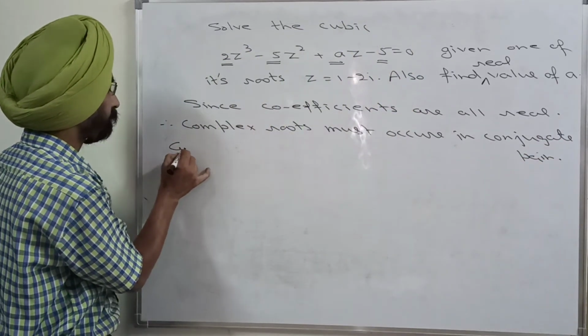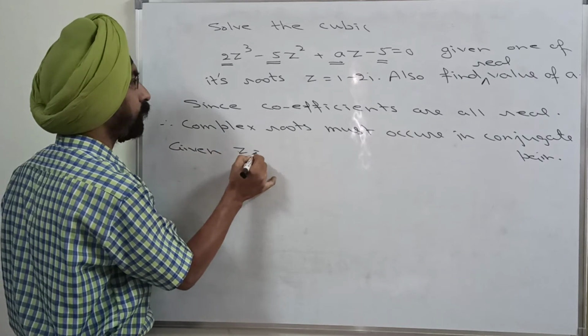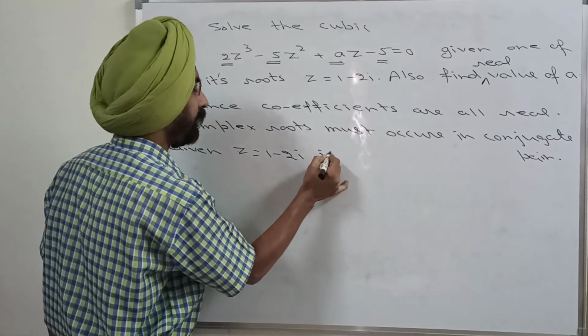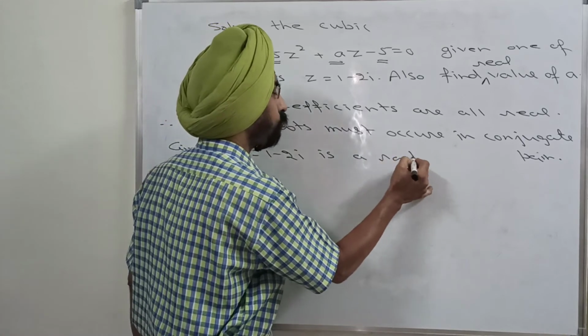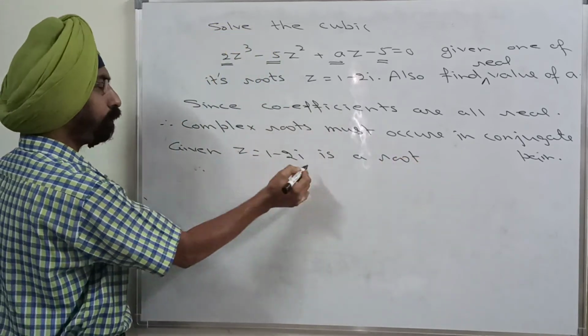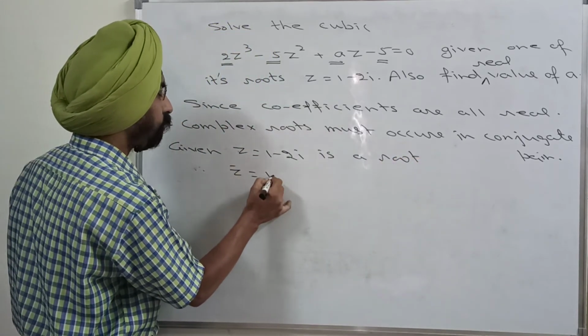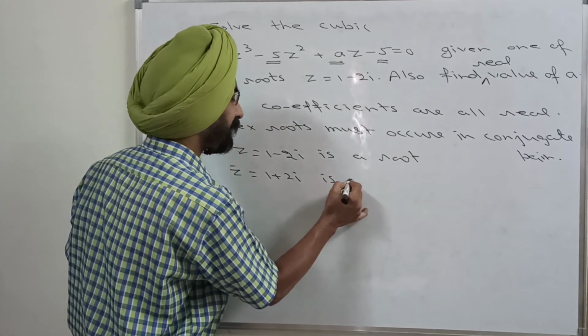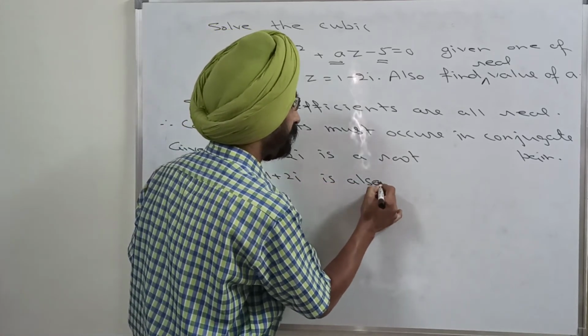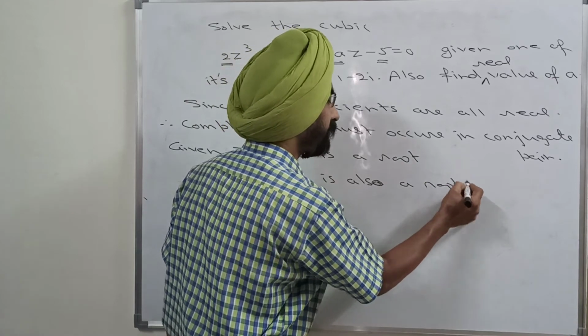Given z is equal to 1 minus 2 iota is a root, therefore its complex conjugate z bar, 1 plus 2 iota, is also a root of this equation.